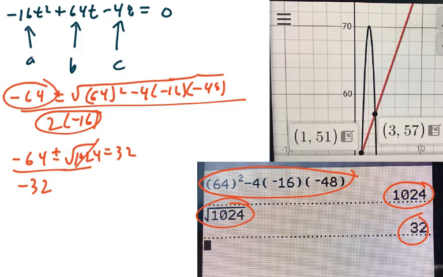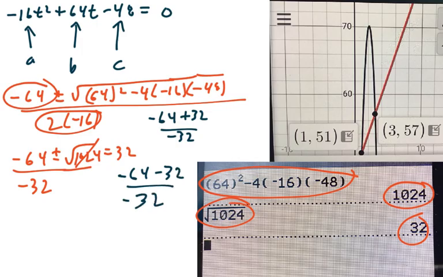And so I'm going to have two potential answers. I'm going to take negative 64 plus 32 divided by negative 32. And I'm going to take negative 64 minus 32 divided by that negative 32. Negative 32 divided by negative 32 is 1. As you can see, it's right here in my graph right there. Remember, you're always looking for those intersection points, right?